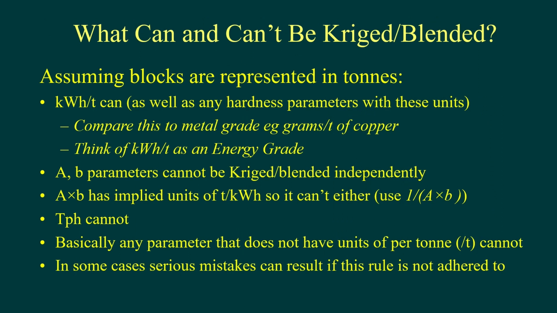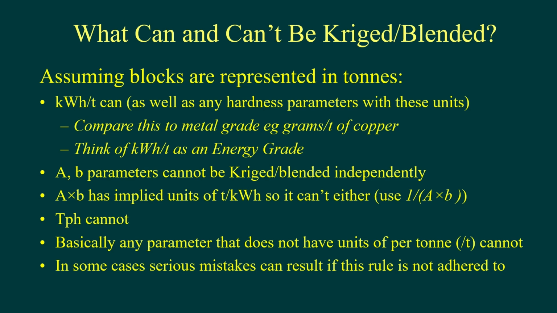So what sort of parameters can and can't be Kriged or blended? So let's look at some. Let's assume our blocks are represented in tons, which is actually not quite correct. They're usually represented in volume. If it's constant specific gravity, then all the volumes of course are the same tons.